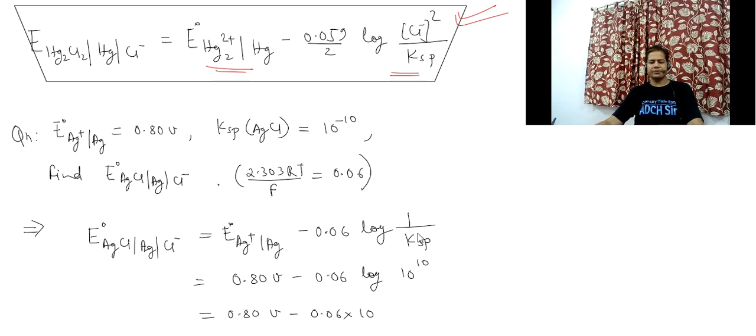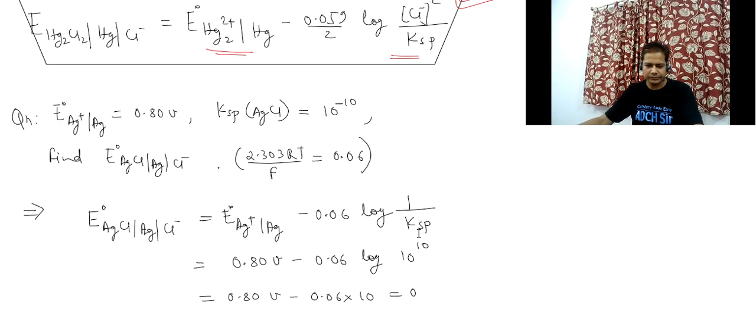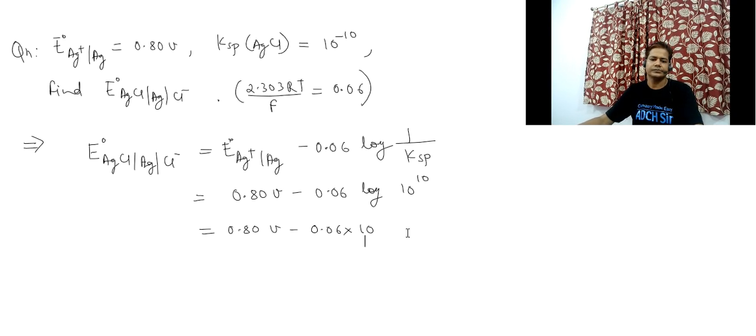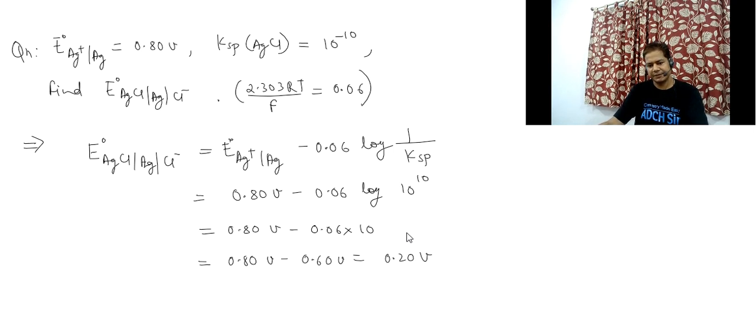So this comes out to be 0.8 volts minus 0.6 volts, which is equal to 0.2 volts.